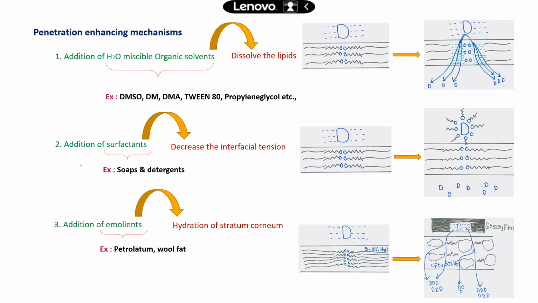Now without disturbing the lipid structure, how can you increase the penetration? Observe, friends, by addition of surfactants. Here the drug has very little lipophilicity. Now I am increasing the lipophilicity. How? By addition of surfactant. This is surfactant containing a polar group and a non-polar group.